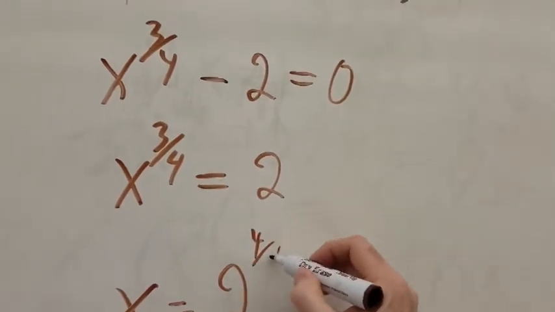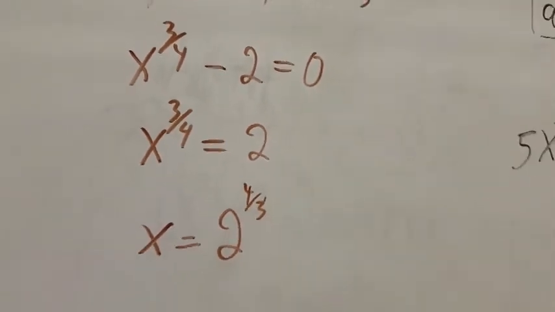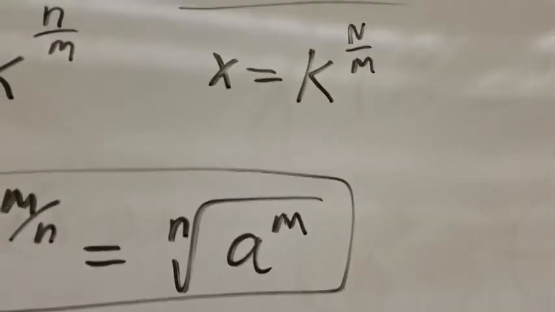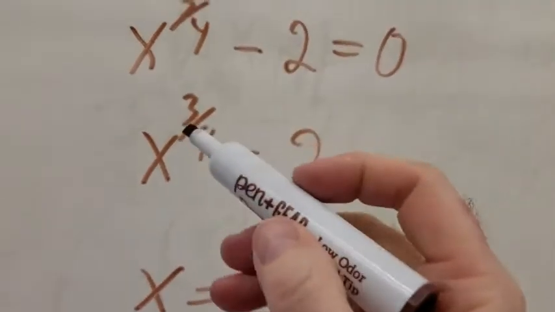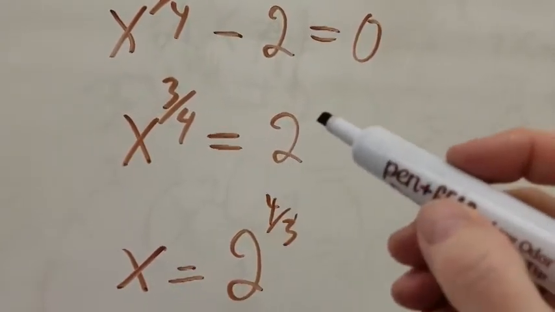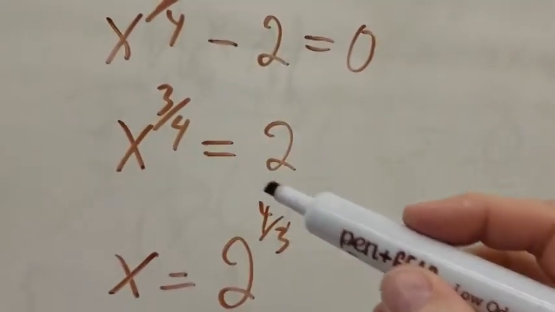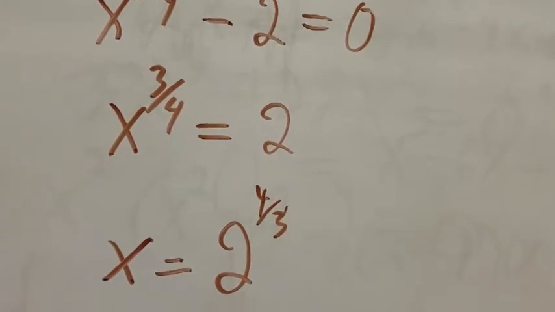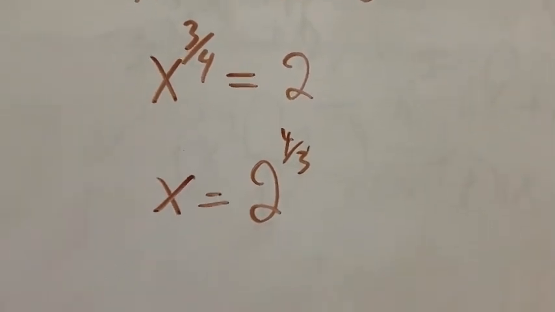So 4/3. So that's the rule. Take it and you flip it. So just take whatever you have here, write down x, put this number down there, and just flip these guys. Just flip them. So we've done that part.